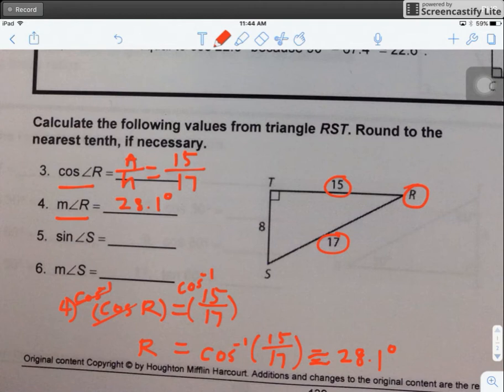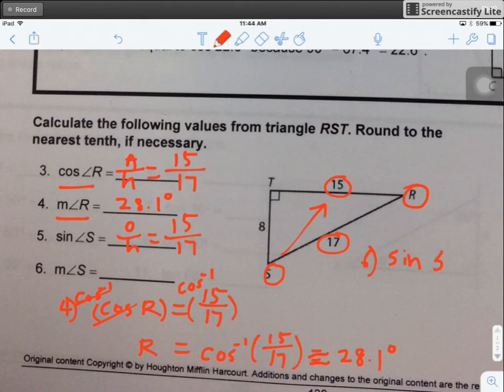And number 5, the sine of angle S is, again, given by opposite over hypotenuse. The opposite of angle S is 15, so that would be 15 over the hypotenuse, 17. For the measure of angle S in number 6, we're going to use the same ratio that we just set up, since it's already set up.